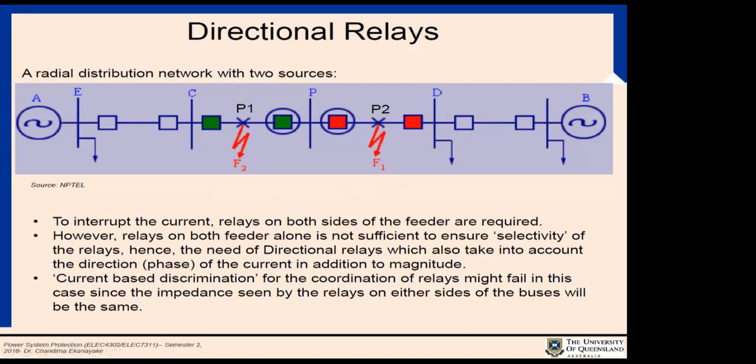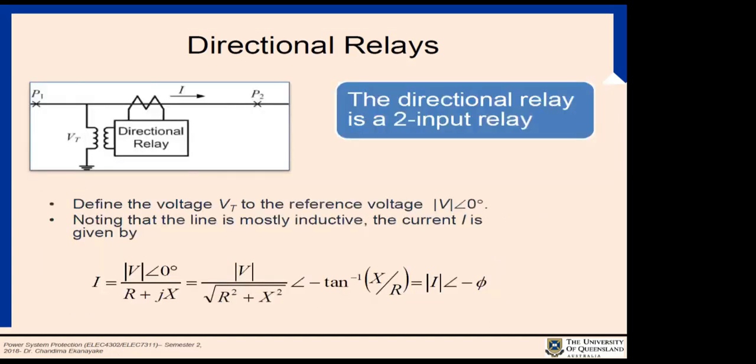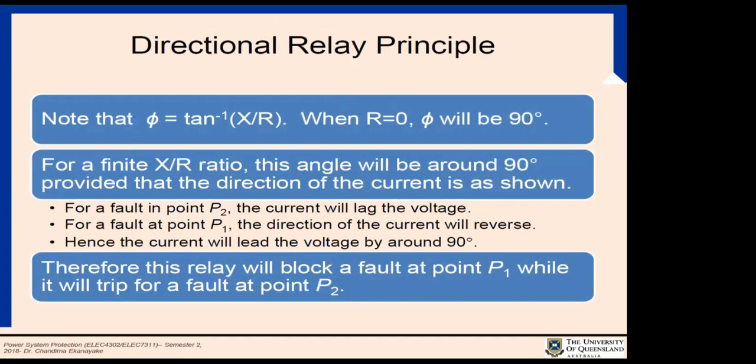For a traditional system, if it's a non-directional protection, then simply this relay will block any fault at the point of P1, while it will trip for a fault at P2. That means it's completely unidirectional. It depends on the magnitude of the fault current, but it does not consider the direction of fault current flow, for which we need the directional protection scheme.